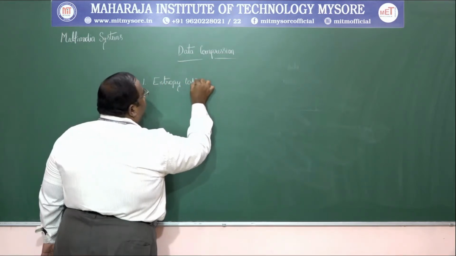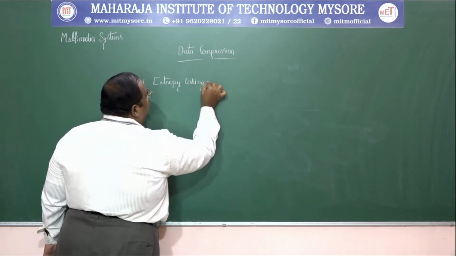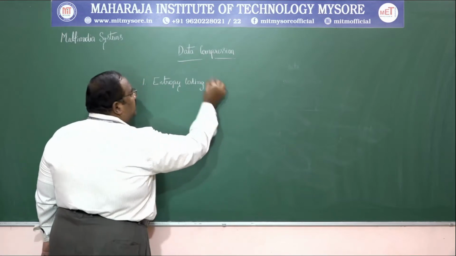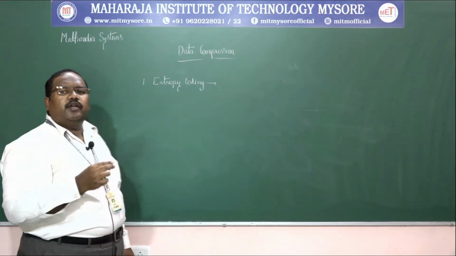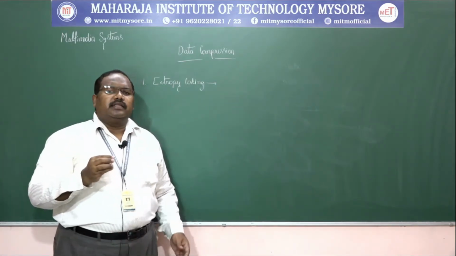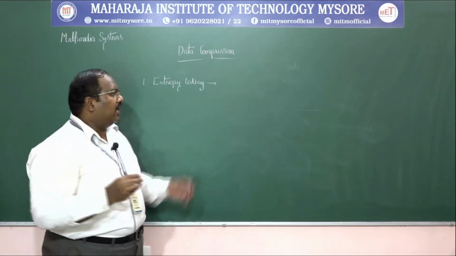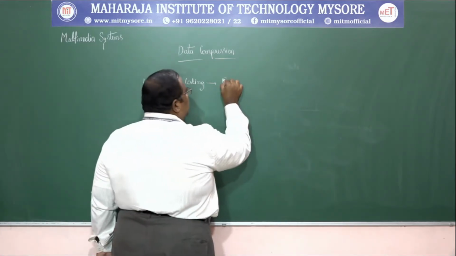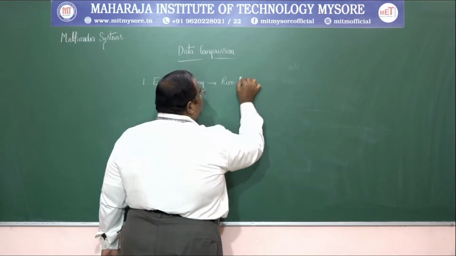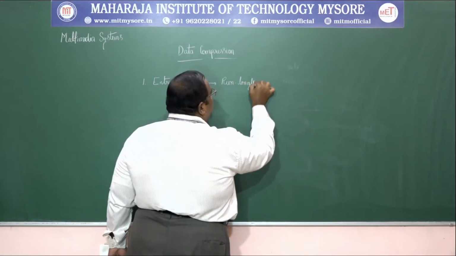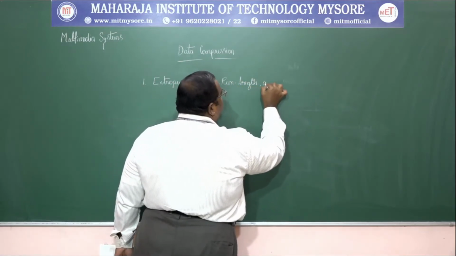Entropy coding. What are the things that come under entropy coding? When we talk about entropy coding, the basic compression techniques that come under this are the run length, arithmetic.